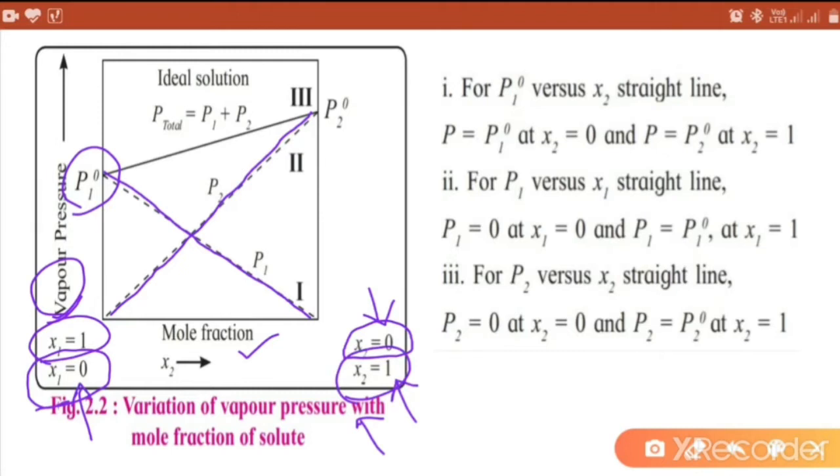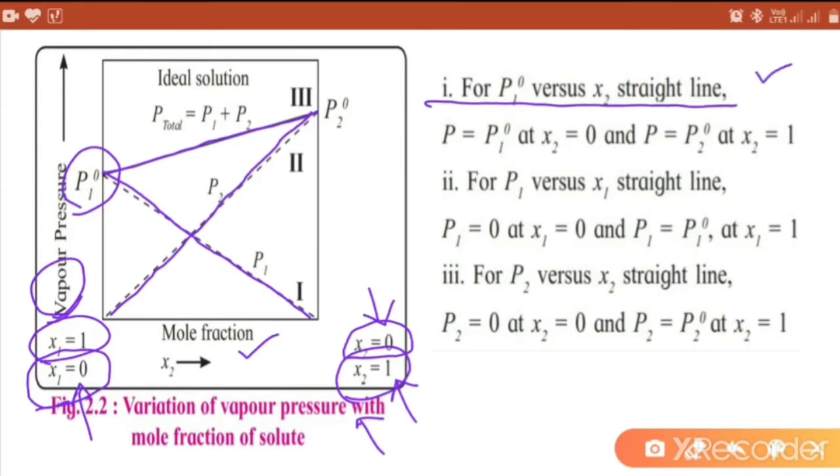And the third graph shows the straight line from P10 to P20, which shows the ideal solution, that is, the total pressure, the first partial pressure plus the second partial pressure, meaning the total pressure is the sum of partial pressures.